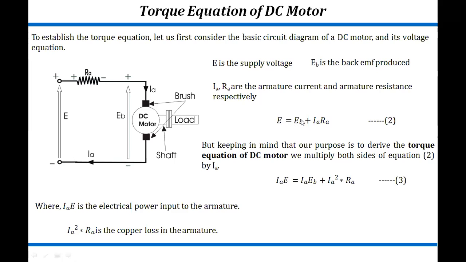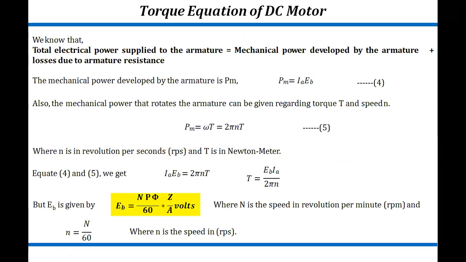If you convert that equation in the form of Eb, it becomes Eb equals V minus Ia Ra. You will need these equations to solve the numericals.